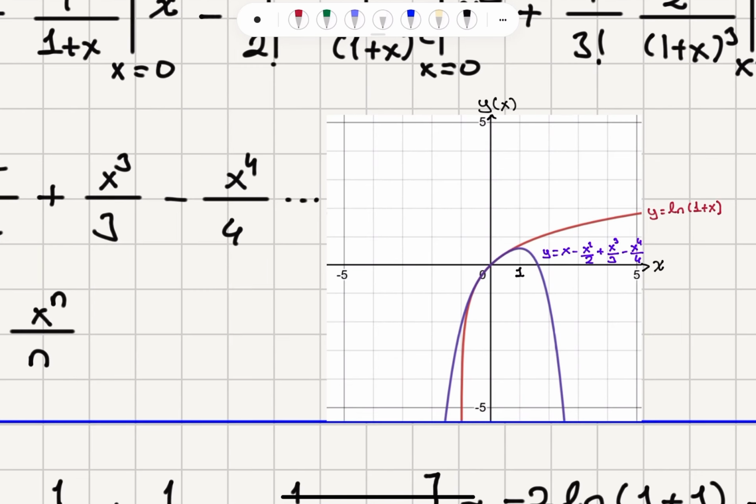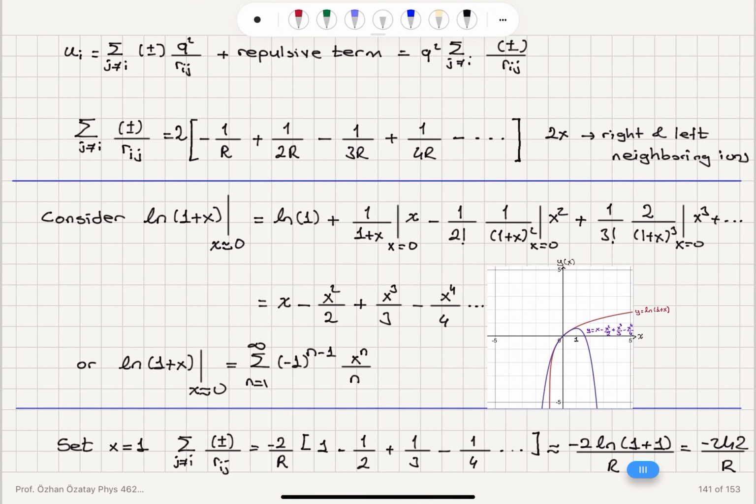We saw from the plot that the Taylor series expansion about x equals 0 well approximates the function even for x equals 1. So if I substitute x equals 1, what I have here is 1 minus 1 over 2 plus 1 over 3 minus 1 over 4. That's natural logarithm of 2 in approximation.